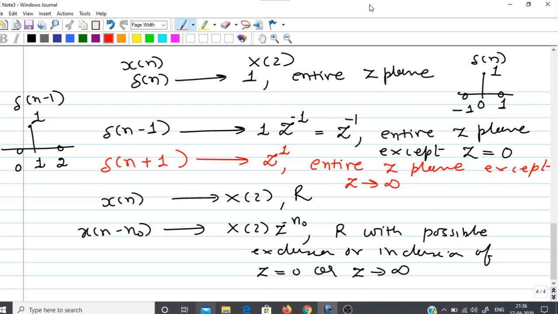Now take one more example. In the starting we took this sequence x n equals 1, 2, 3. We started with this sequence and assume that this arrow is placed here, meaning this sample value corresponds to n equals 0.